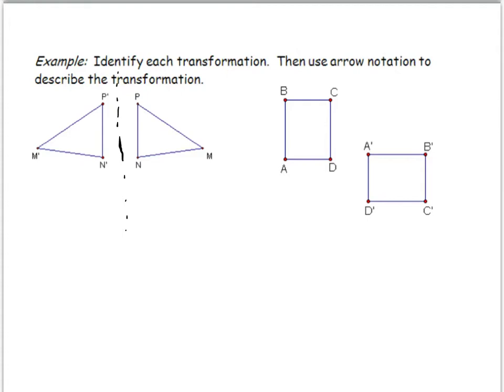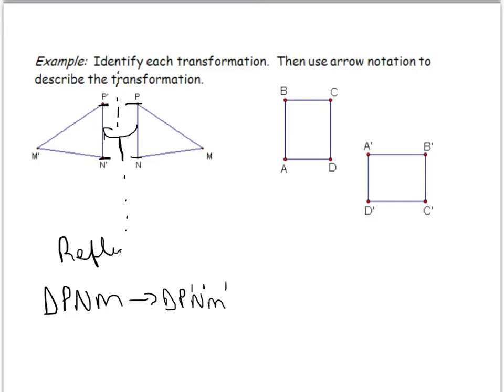So my pre-image is actually triangle P, N, and M. Okay, notice they're the same distance from the line, and we are getting mapped over, so we're flipping over this line to triangle P prime, N prime, and M prime. Okay, so this again is a reflection. It was flipped. I would like for you to try the next one, and then we'll come back to it.